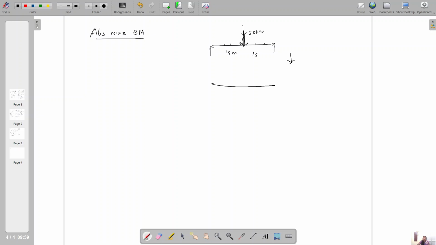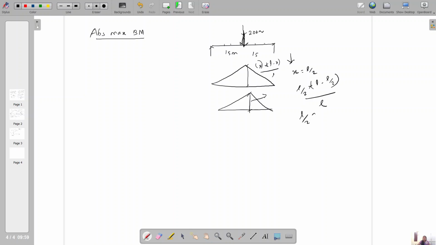And draw the ILD diagram. What is the formula here? X into L minus X by L. What is X here? 15 meter. L minus X is also 15 meter. If you substitute X equal to L by 2, L by 2 into L minus L by 2 divided by L, so L by 2 into L by 2 by L, which is equal to L by 4.